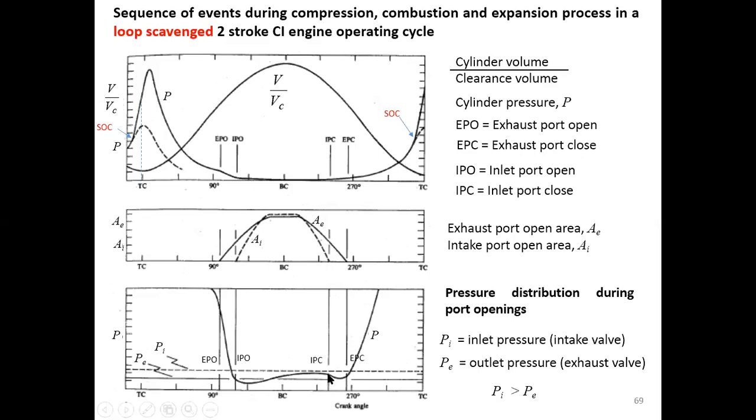So the pressure inside the cylinder starts to go down, and just a little bit before it reaches the outlet pressure right here, the exhaust port closes. No more gas exchange, no more exhaust gas to flow out.